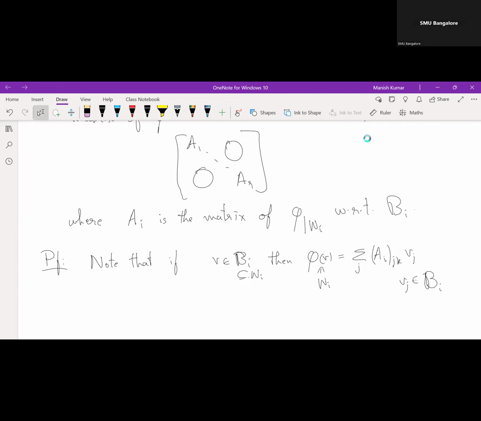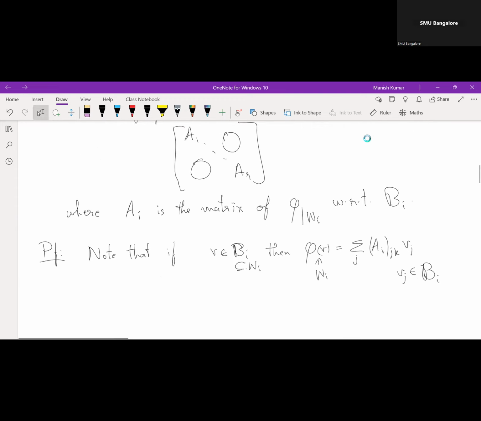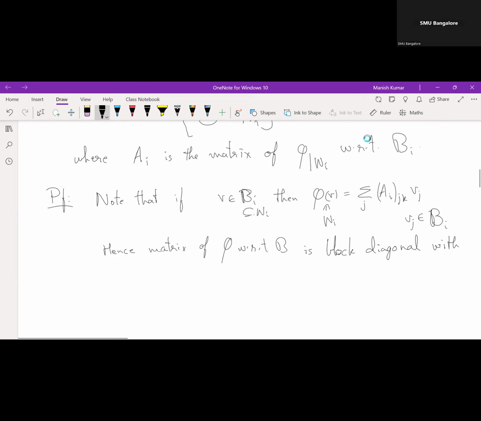The coefficients of all the vectors other than the vectors in the ith basis are going to be zero. That's why the matrix of phi with respect to B is block diagonal with block matrices AI.